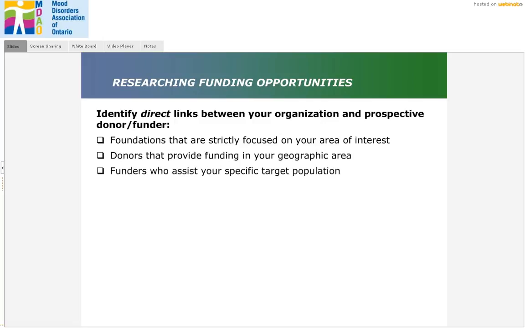Additionally, there are funders who also target specific populations. For instance, you might find funders that only look at youth, or at Aboriginal communities. And the other thing that you should also look for is to match your funding requests with the mandate of the funding organization.